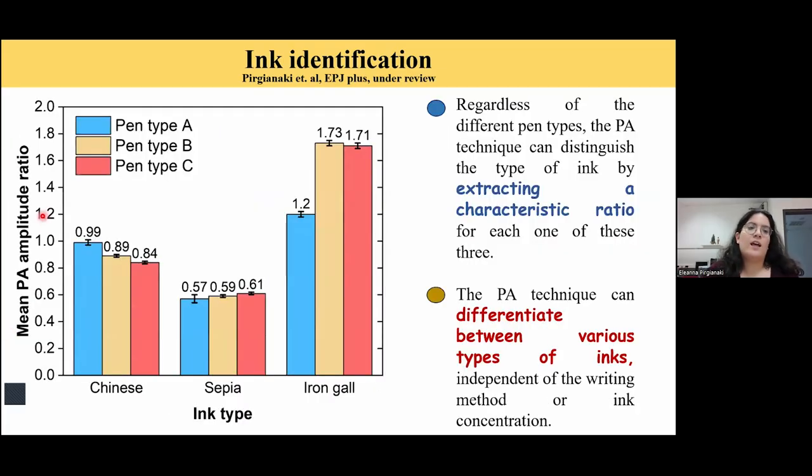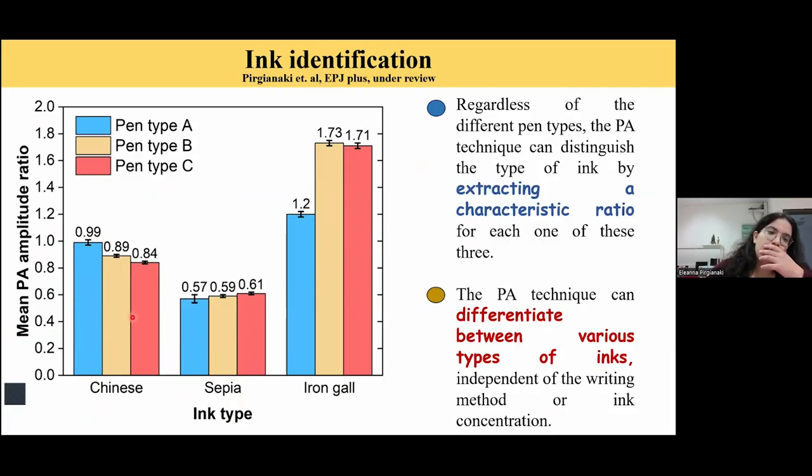So here we have the mean photoacoustic amplitude ratio graph for the three inks we have used. And as you can see, regardless of the writing method, ink concentration, and pen type, the photoacoustic technique can differentiate between various types of inks.